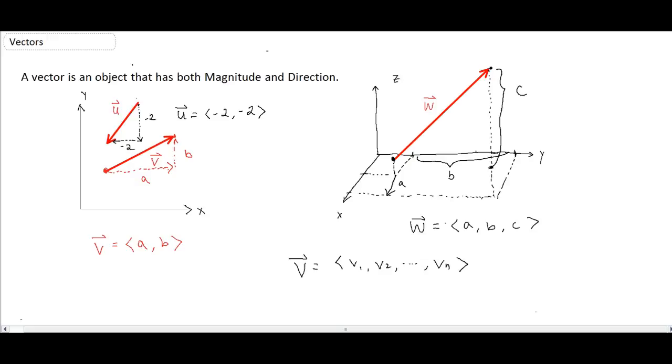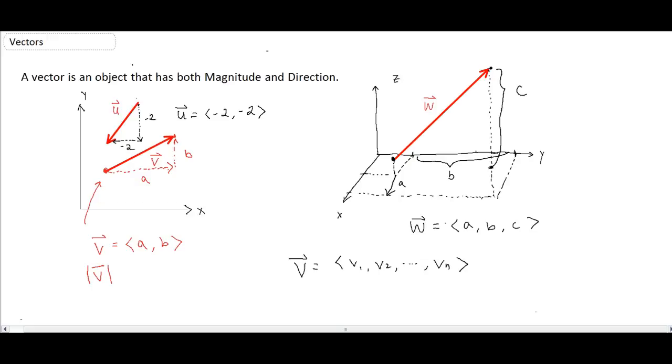I want to introduce another notation here: if you are talking about the magnitude of a vector, let's say this vector v, then we put the absolute value symbol around it. This is indicating the magnitude.